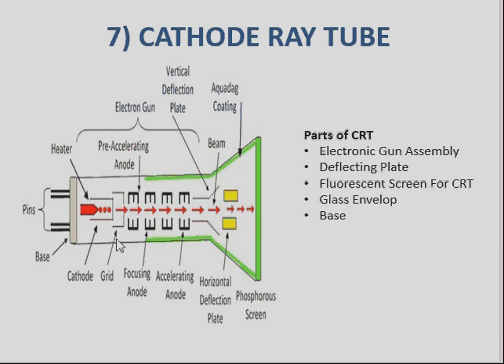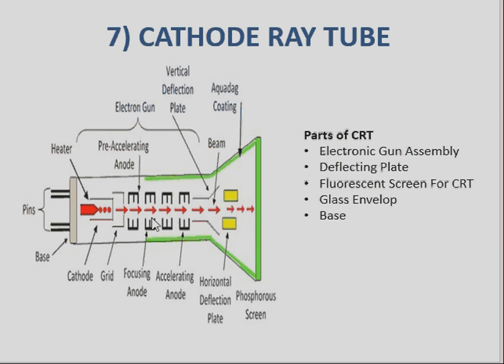Here the control grid is applied with a positive potential between the pre-accelerating anode as well as the accelerating anode. Now the electrons from this control grid are focused through the focusing anode, whose function is to focus the beam of electrons from the cathode towards the screen.